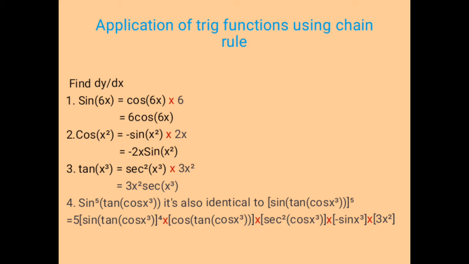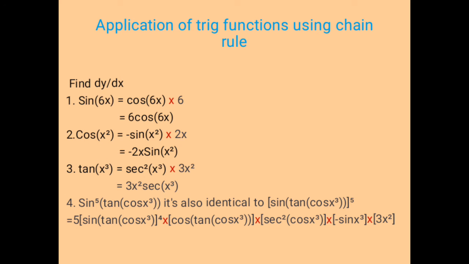Coming to the second one, we have cos x squared, and differentiating cos x squared, we have minus sine x squared times 2x. The 2x comes from x squared.